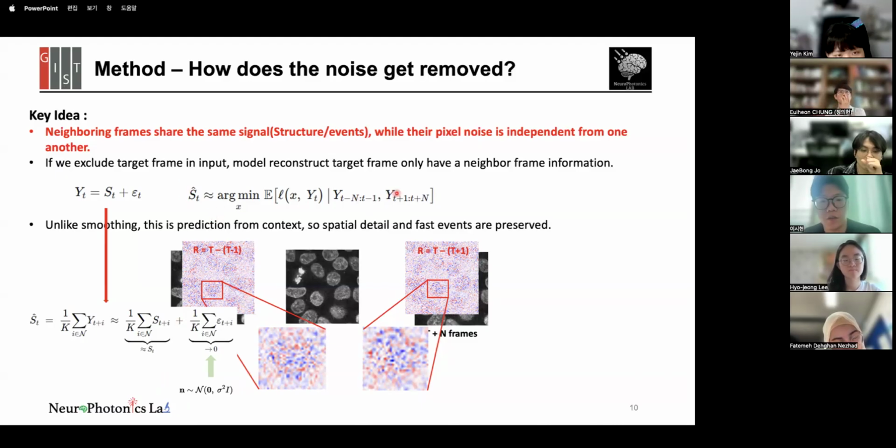This is the loss function to optimize. So the left one is the previous time frame, and this is the after time frame. So input this and then make a target T like this, and they want to decrease the loss value. Okay, I understand that.